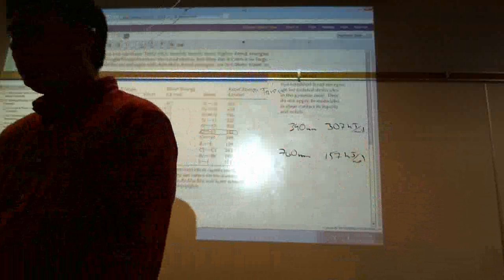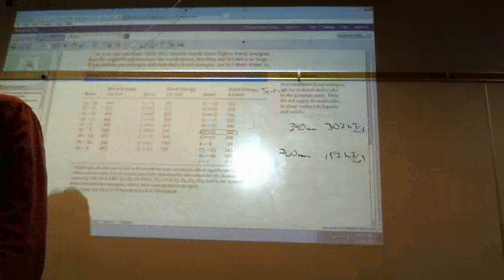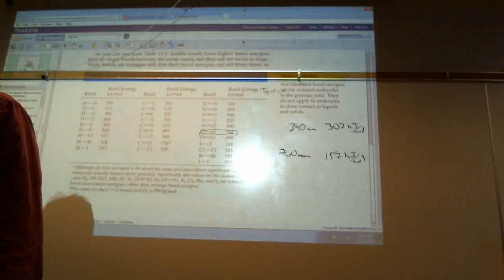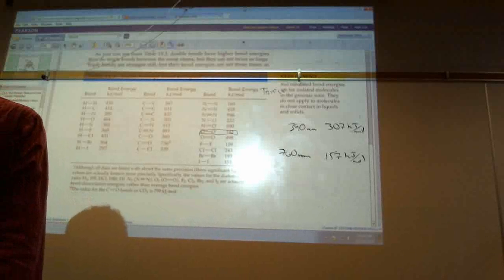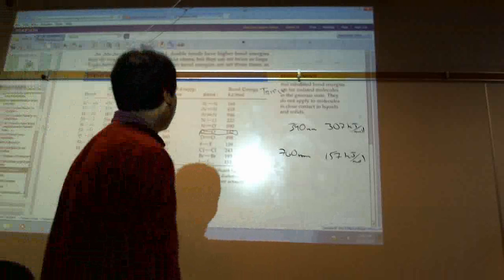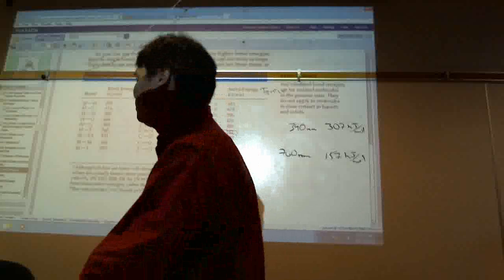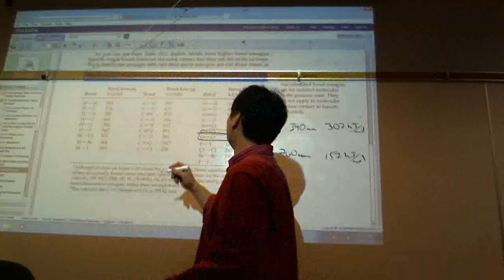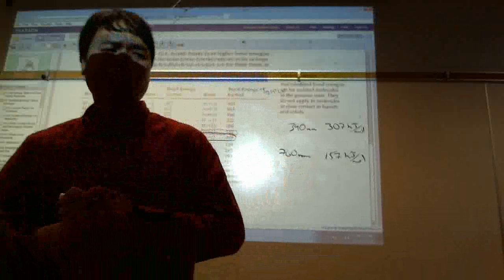So are we okay with the double bonds and the triple bonds and visualizing those? Okay, now I'd like you to draw the Lewis structure for O2. Oxygen-oxygen double bond, no problem.